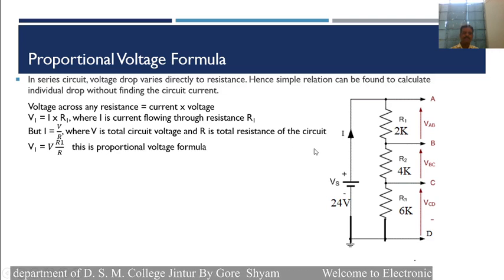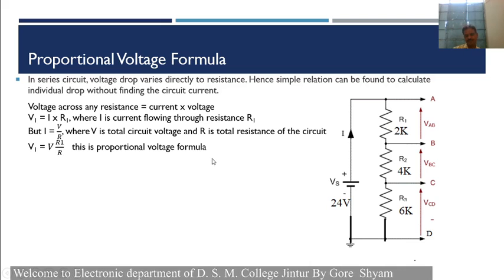V1 is equal to I into R1, and let us substitute the value I equal to V divided by R. Therefore, V1 is equal to V into R1 divided by R. This is the proportional voltage formula for any branch voltage.